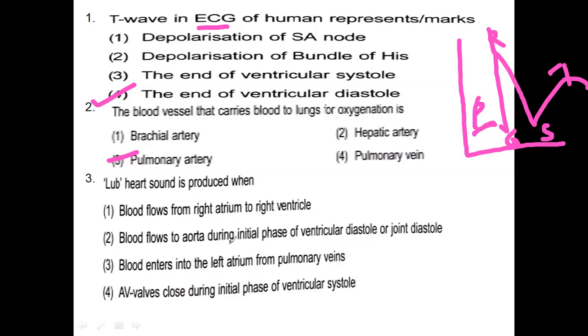Blood flows from aorta during initial phase of ventricular systole.